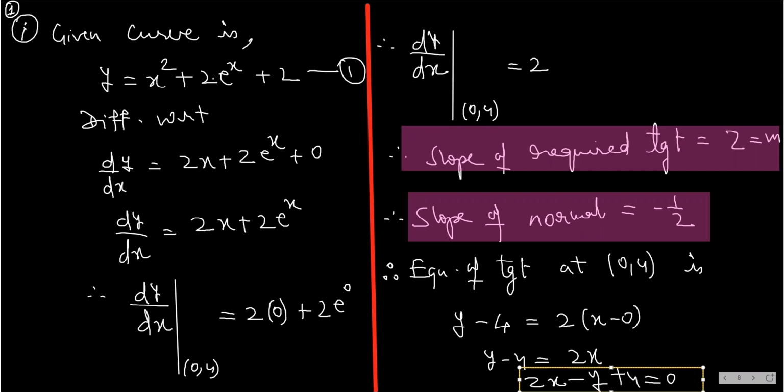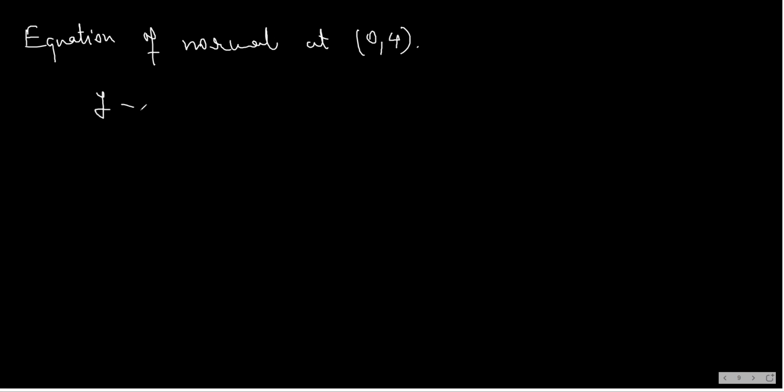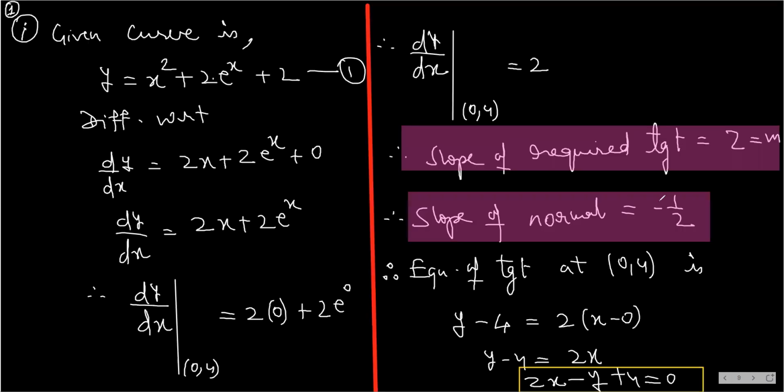Now what will we go for? We will go for the equation of normal at (0, 4). The point is the same. Remember, it is the same point. We have to get the normal equation. So y minus y1, y1 is 4, equals m. What is m here?